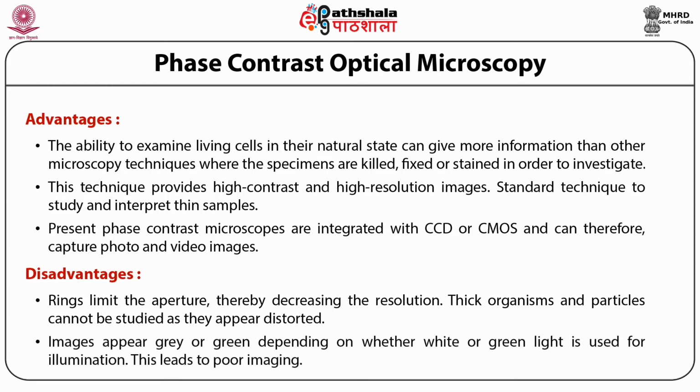Third, images appear gray or green depending on whether white or green light is used for illumination. This leads to poor imaging. Bright areas generally surround the images, resulting in halo effect.